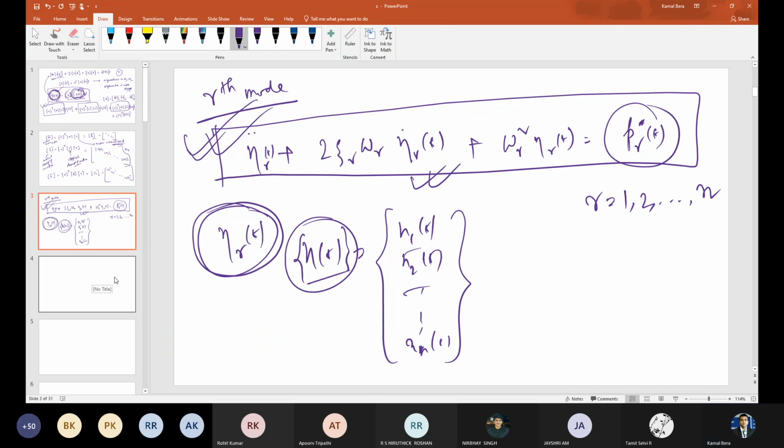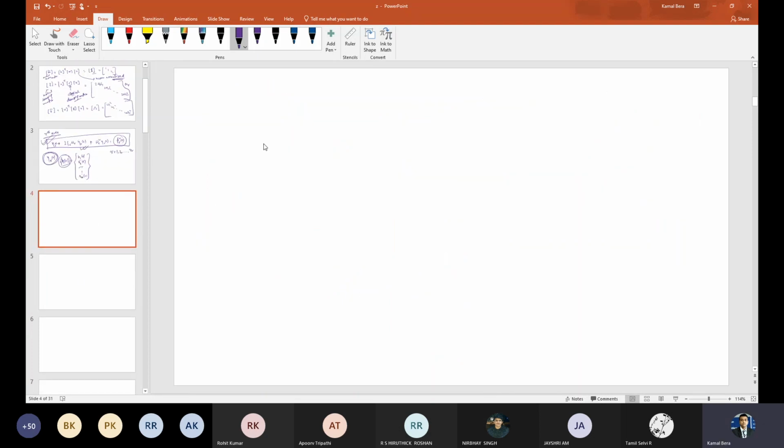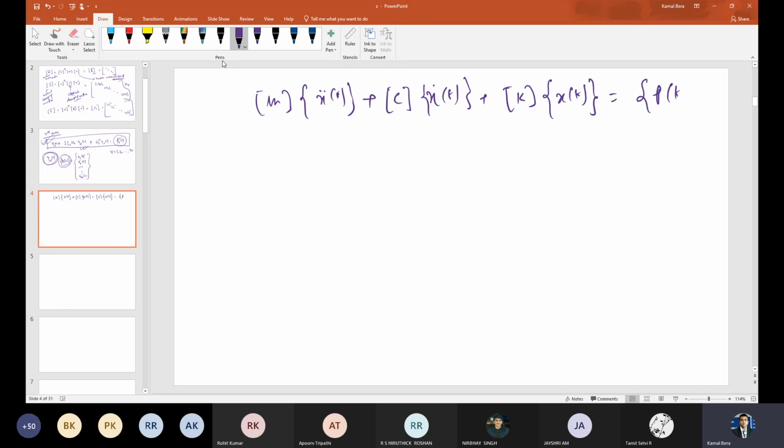Now, while I am solving this equation, let us see. Again let me write m x double dot t plus c x dot t plus k into x t is equal to some p t.